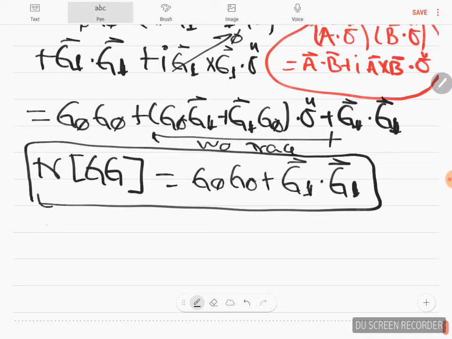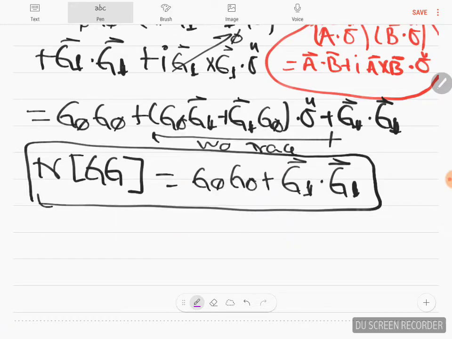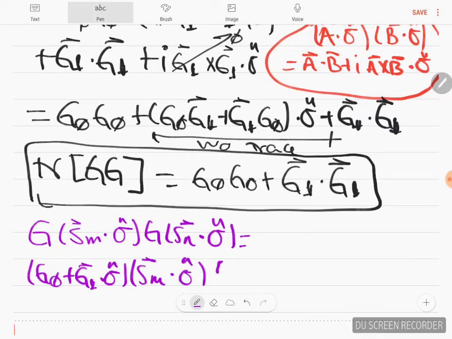For instance, we need to calculate stuff of the sort of G, spin operator Sm dot sigma, times G, spin operator Sn dot sigma, equal to G0 plus G1 dot sigma times Sm dot sigma times G0 plus G1 dot sigma times Sn dot sigma.